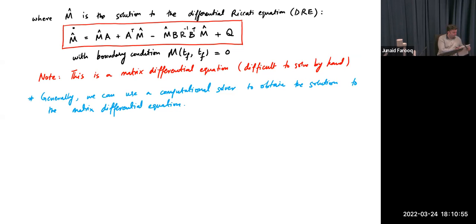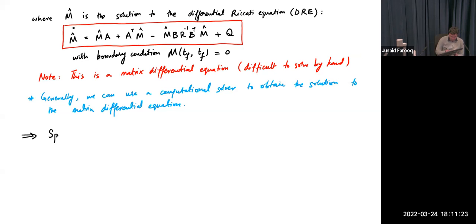All right, so now this is really the general LQR problem with a cost function defined from t to tf, but there are also some special cases, and one special case is called the infinite horizon LQR problem.